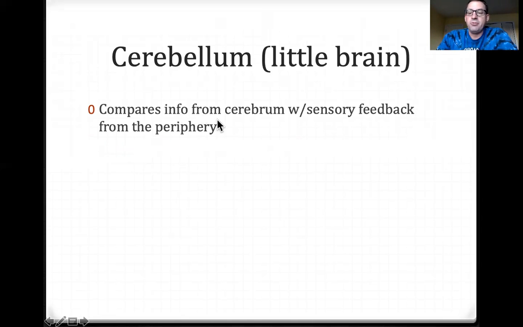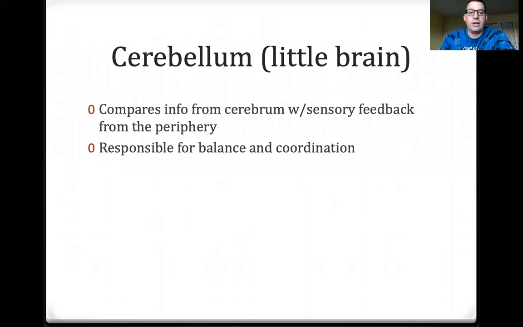It compares the motor signals coming from the cerebrum with sensory feedback from the surroundings. So it detects if there are changes in terrain, if there's wind, angles to where you're going to step. And it smooths out those motor commands coming from the cerebrum so that your movements are coordinated and will work in harmony with your surroundings.